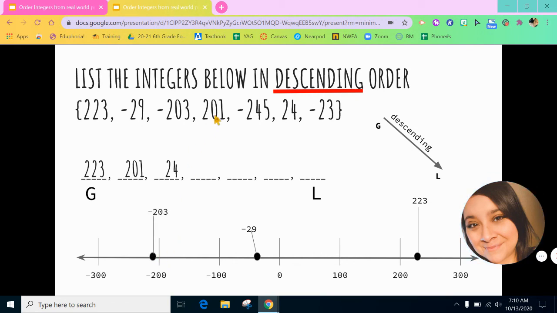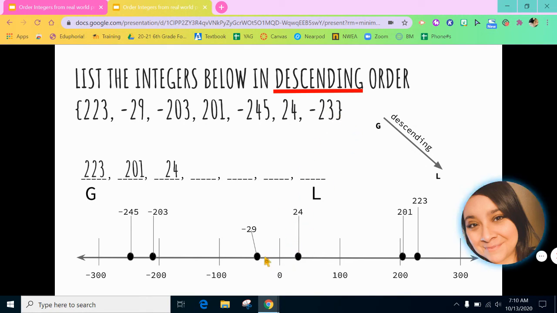Let's label it. 201 is a little bit past 200. Negative 245 is almost halfway between negative 200 and negative 300. 24 would be roughly here.